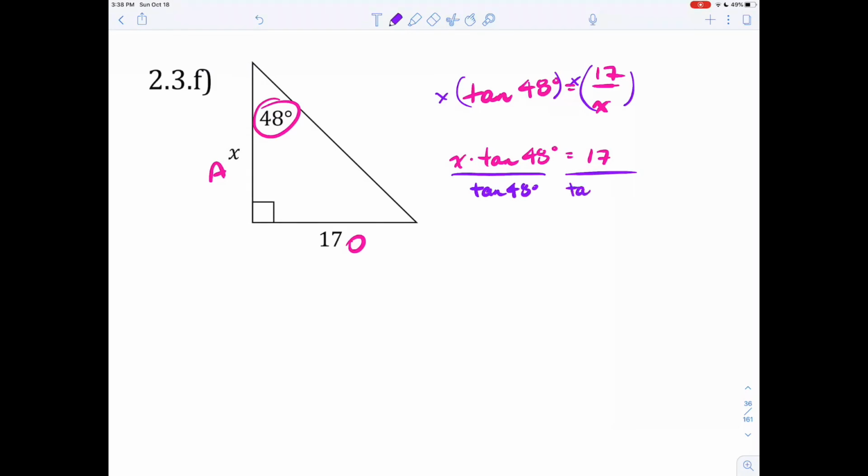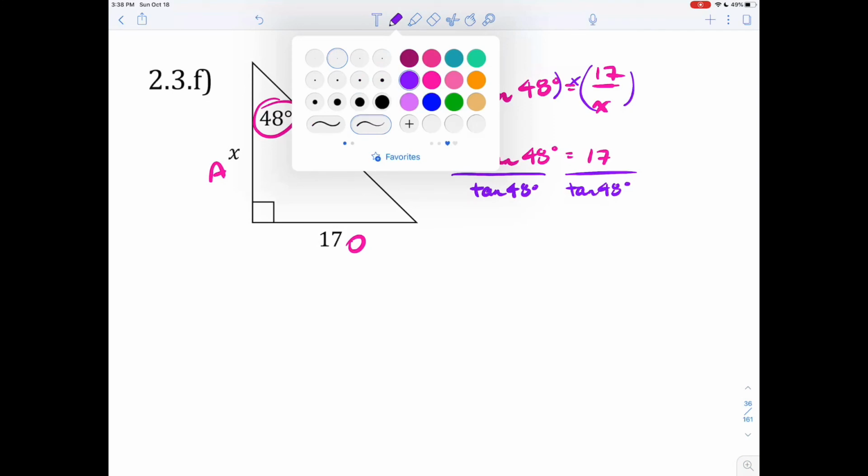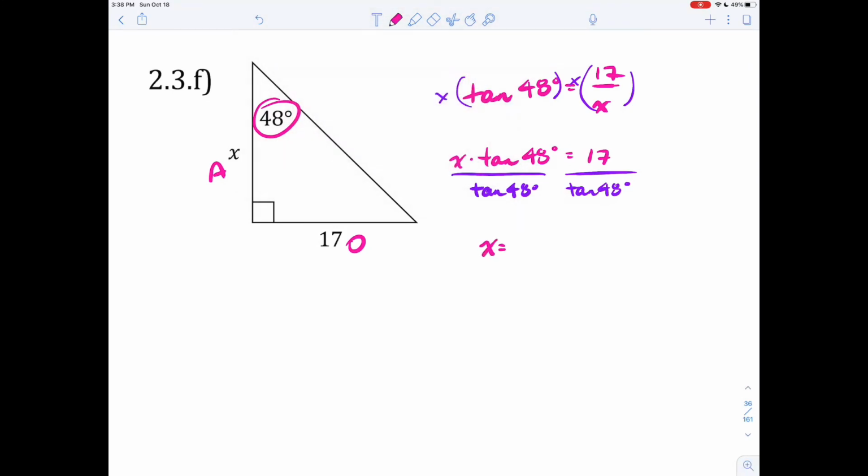I'm not just dividing by 48, because that does not exist on its own, but by tan 48. So if x is 17 divided by tan of 48 degrees, I get a value, and in this case, it's 15.3.